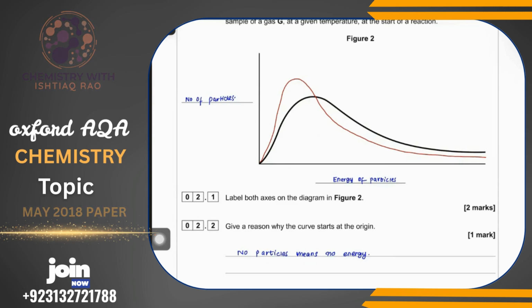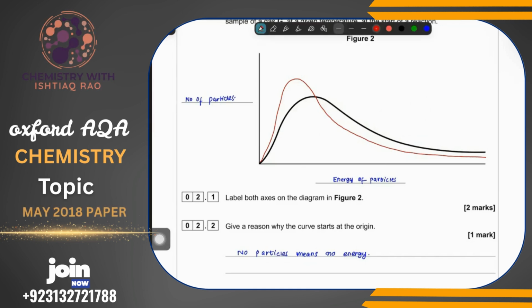So we only have to see the activation energy. The area under the curve will remain the same. Only the shape of the curve changes, which means the number of particles remains the same.